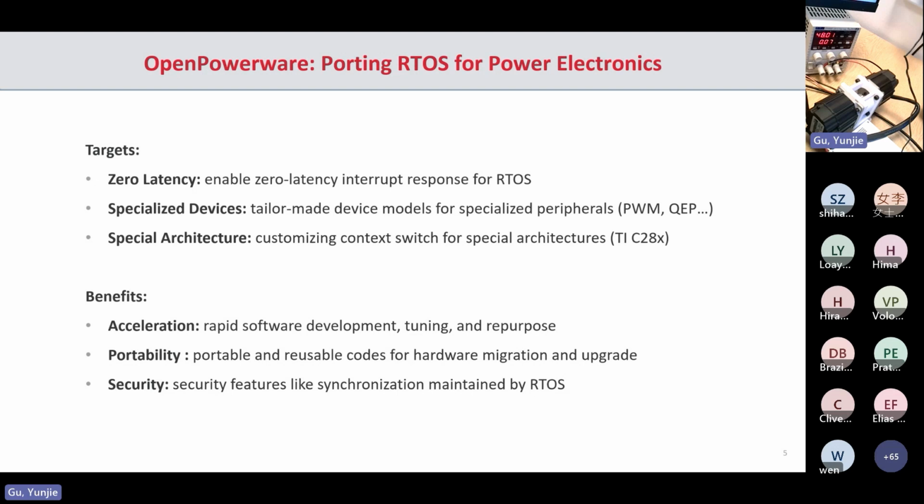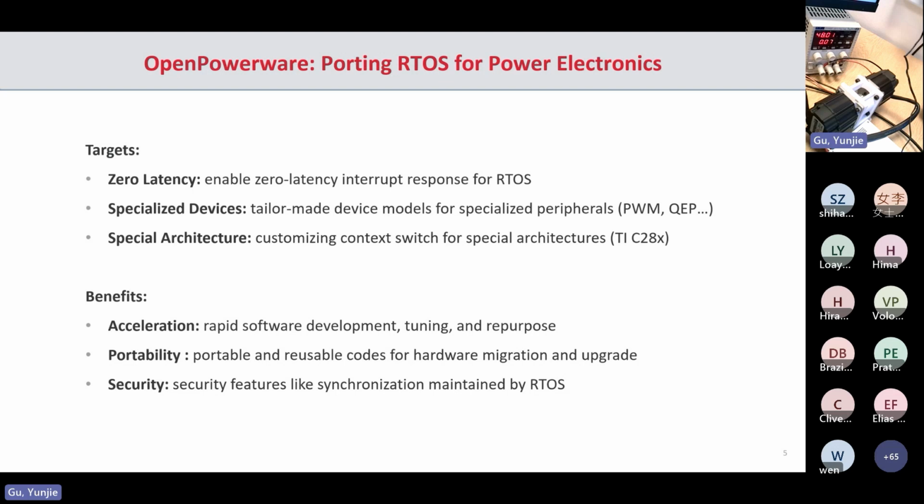The target of this presentation is to introduce our recent effort to address these challenges under the initiative of OpenPowerware. The name is actually inspired by OpenFirmware, and we transformed it to power. It's open source software for the power electronic industry, and the target is to port the RTOS to make it more suitable for the power industry.